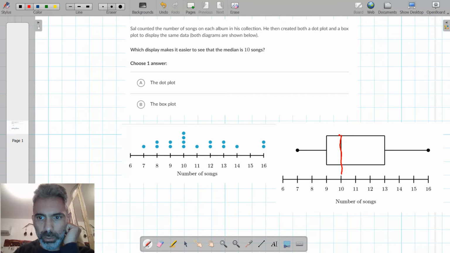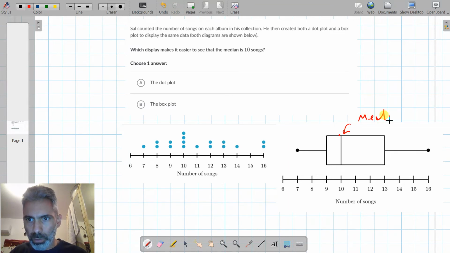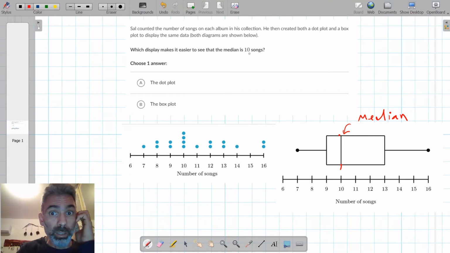makes it easier to see that the median is 10 because we have the line within the box that shows the median. So this is the median. And we just need to look at the number line to see that the median is 10.